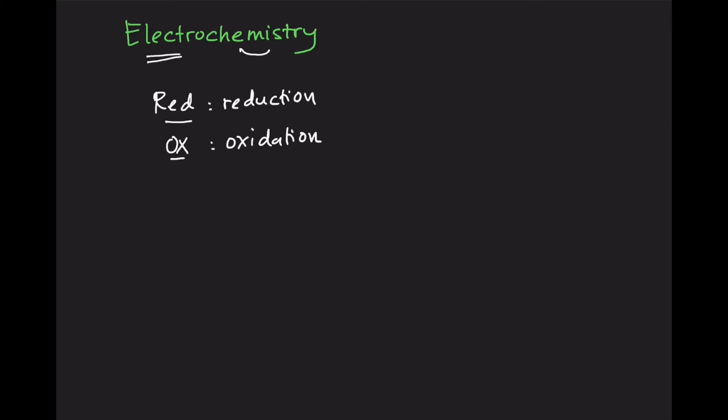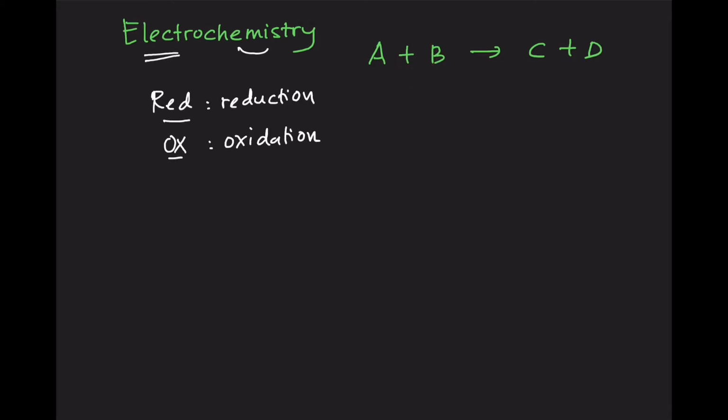When we have reactions that we have discussed in the previous chapter, we always try to balance the reaction by making sure that all of the elements at the product side will have the same number or same amount as the ones at the reactant side.